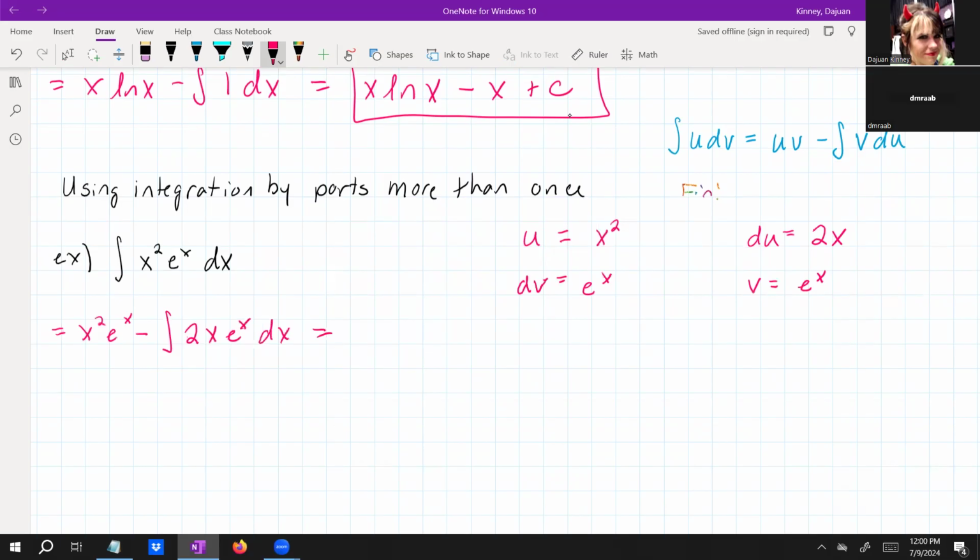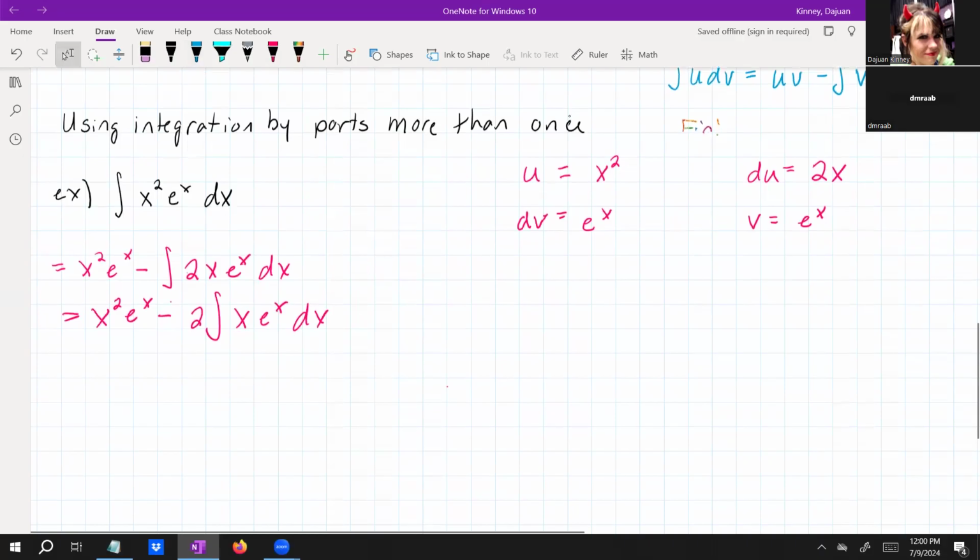Let's rewrite that once more. We still can't integrate this easily. That means we're going to do it again.